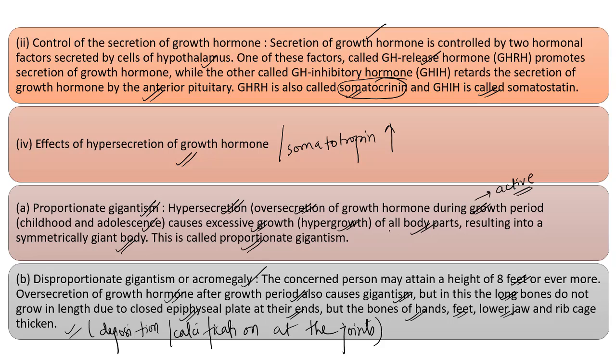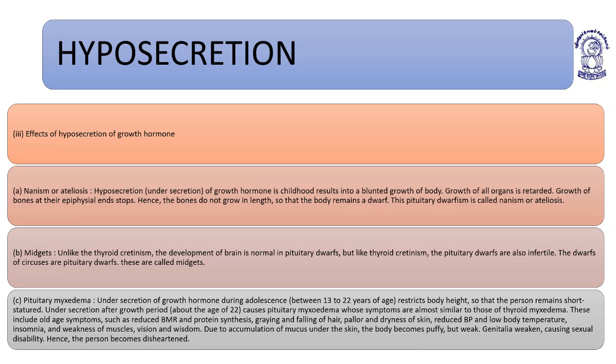So proportionate gigantism basically happens before the closure of epiphyseal plates, and disproportionate gigantism or acromegaly happens after the closure of epiphyseal plates.